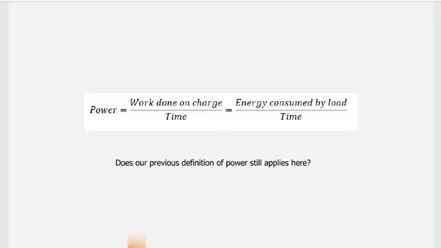Here, the one doing the work is the battery, di ba? On the charges. So what we're saying here is it is the amount of work done on the charges over time. Okay? We also said that when you do work on an object, you are actually transferring energy to that object.